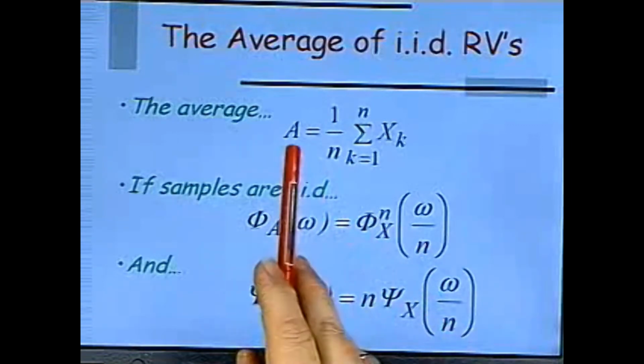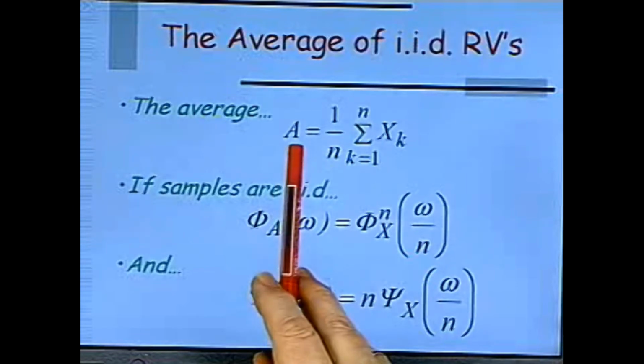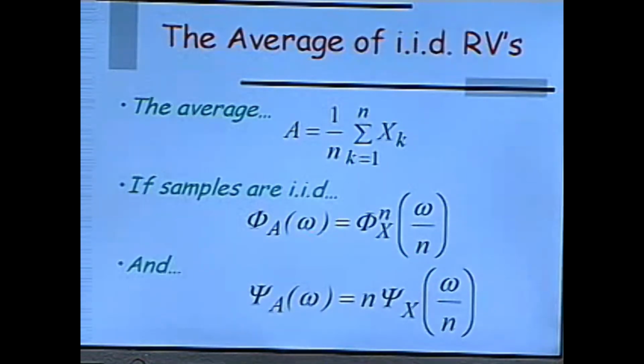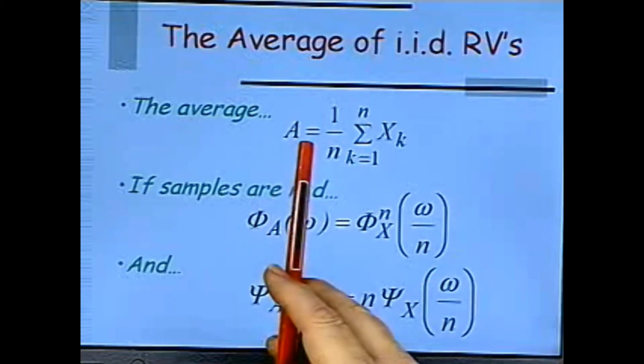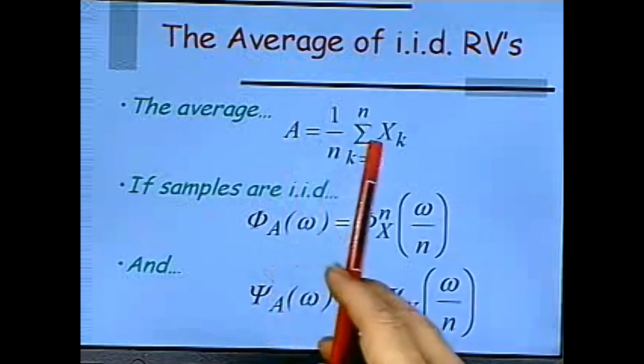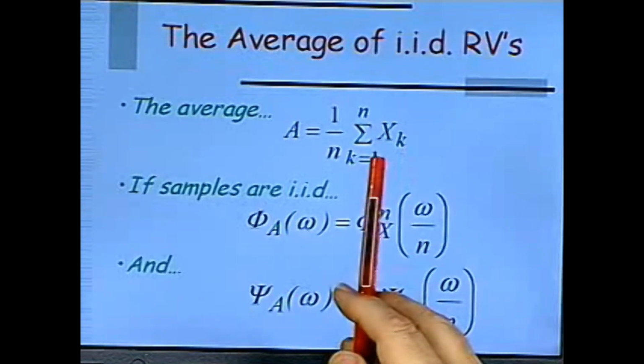We're going to use this characteristic function to first of all compute the mean of the average. Now that sounds strange, but it makes sense, at least in this course. The mean of the average, the expected value of the average, and we're hoping that the expected value of the average will be the expected value of x, because that's what we're trying to figure out anyway.